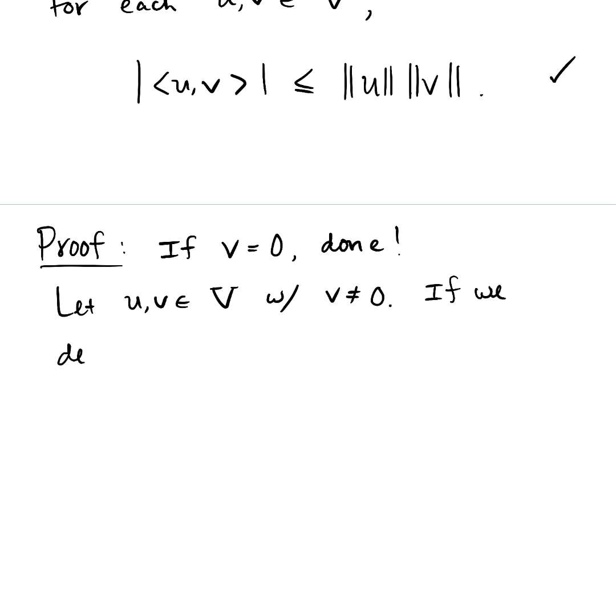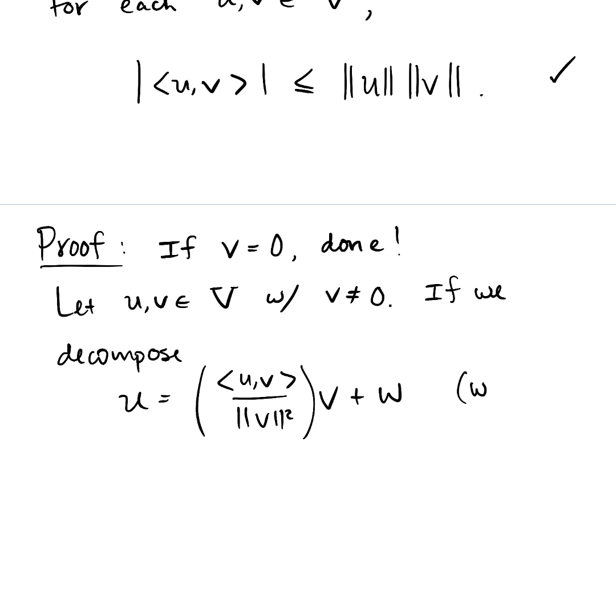If we decompose u equal to inner product of uv over norm v squared, all times v, plus w, where w is orthogonal to v, then we can talk about the square of the norm of u.